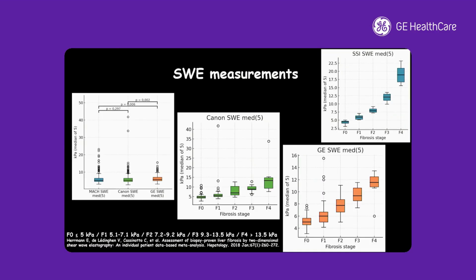We split the stage depending on the values of the paper published by Herman, and this is how we split the values.